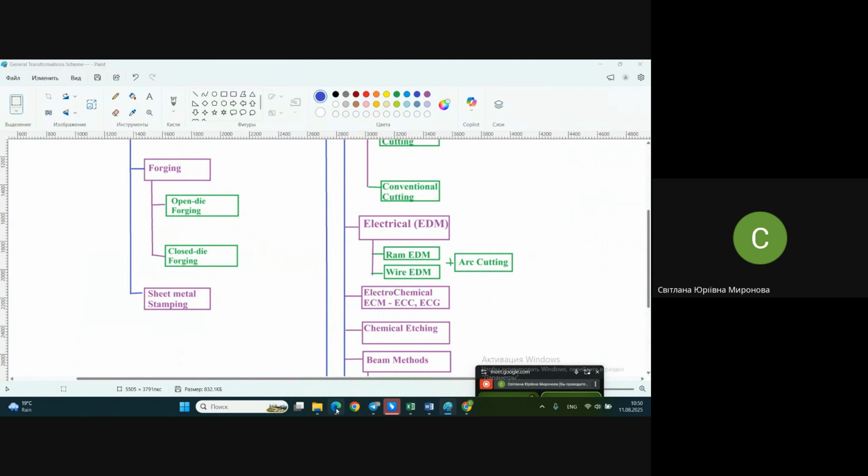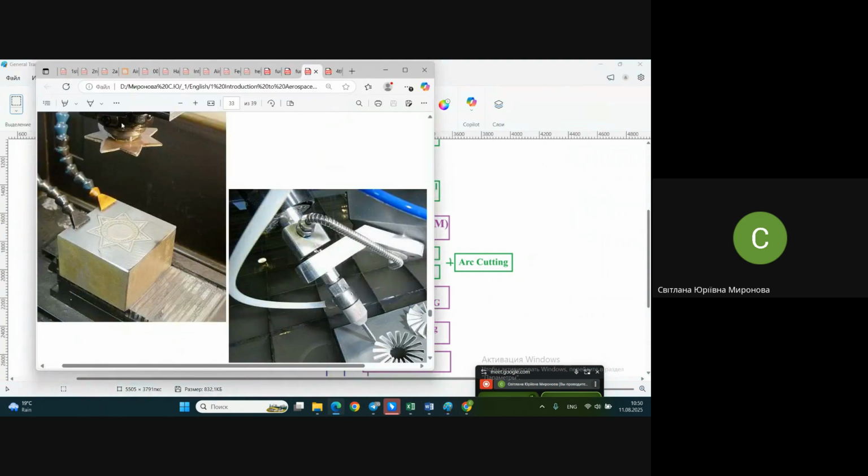And an example of electrochemical etching we see right now. The tool is somehow similar to electrodischarge machining, but practically without liquid, not in a bath with liquid, you see. But those nozzles that we see supply the dielectric immediately to the zone of processing.